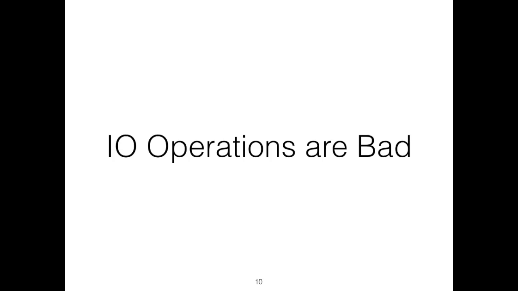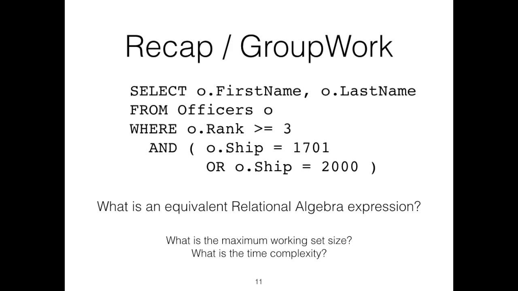Before I actually discuss how the running example pans out, I'd like you to do a little bit of thinking about the example yourselves. So here's a select query, a simple select project join.